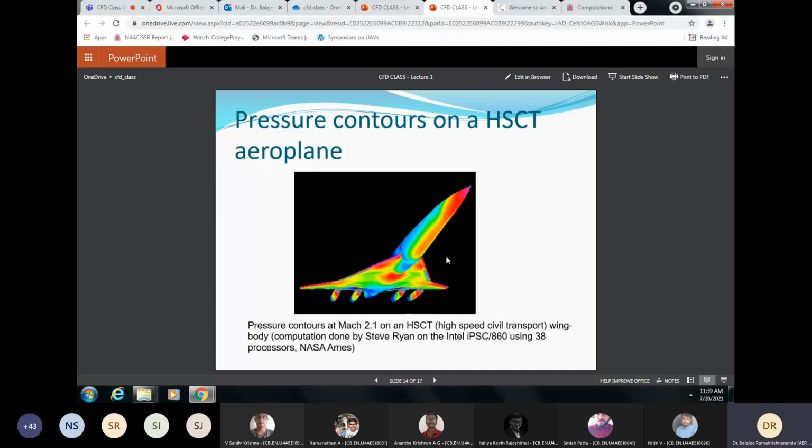From this you see that red is high pressure area, blue is low pressure area on the top. Green and yellow are somewhere in between. So it looks nice, high pressure on the bottom, low pressure on top, probably producing sufficient lift.